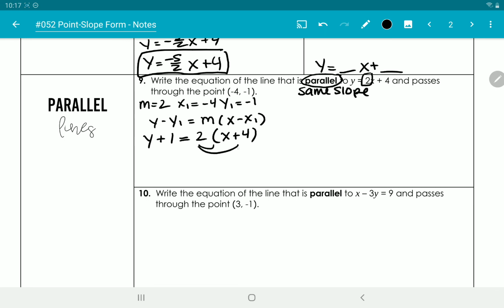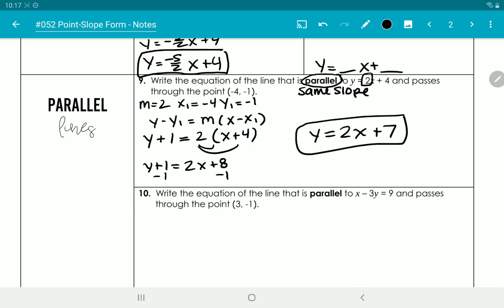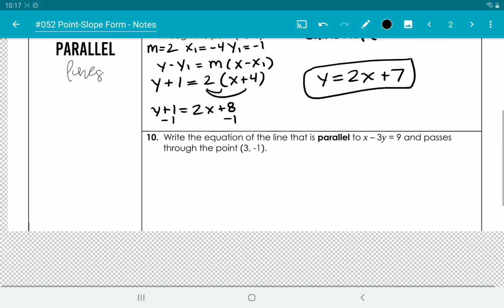We'll distribute first. y plus 1 equals 2x plus 8, because 2 times x is 2x, 2 times 4 is 8. Then we'll subtract 1 from the other side to get that y is equal to 2x plus 7. So that is going to be the line that goes through the point (-4, -1), and it is parallel to the line that it's given us.